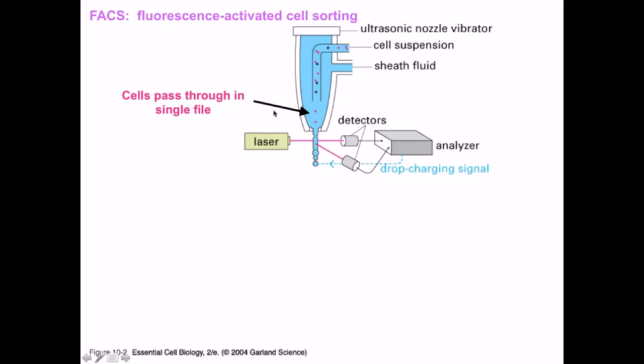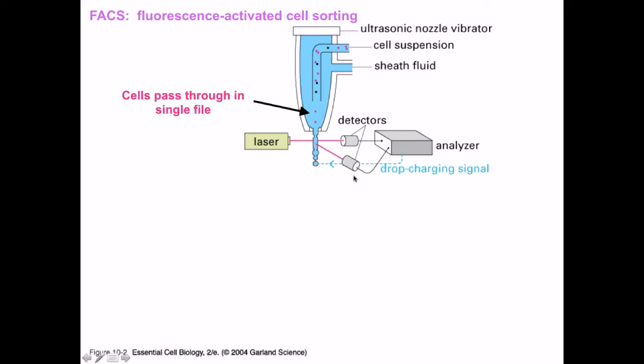At that point, what you have is the interrogation, or the identification, of the cells. Since we're looking at a fluorescent marker, we need to stimulate that marker with light, and in this case we're using lasers. As the cells pass single file through the stream, they're interrogated by the laser. Any particles hit by light are going to scatter light. Some scattered light goes in the same direction as the laser, which we call forward scatter, and other light is scattered 90 degrees from the direction of the laser, which we call side scatter.